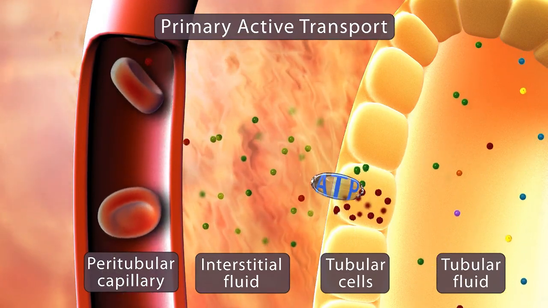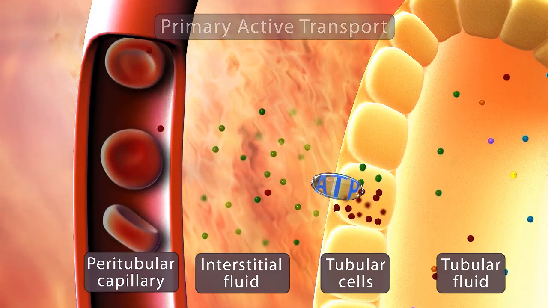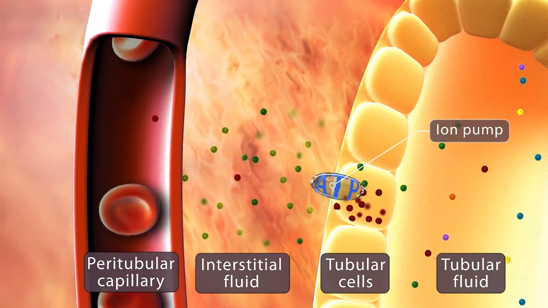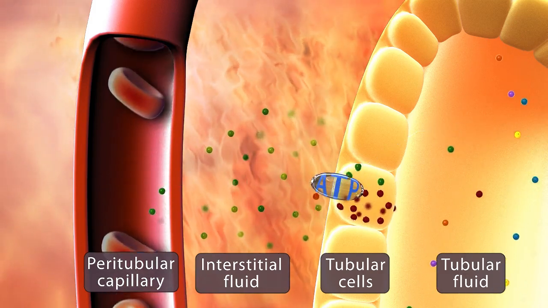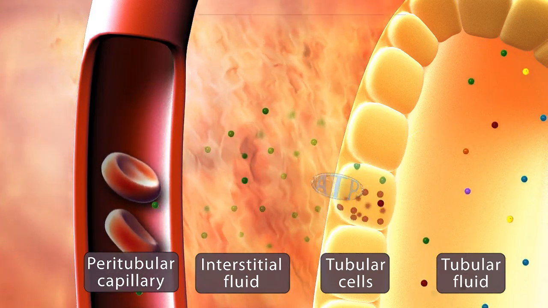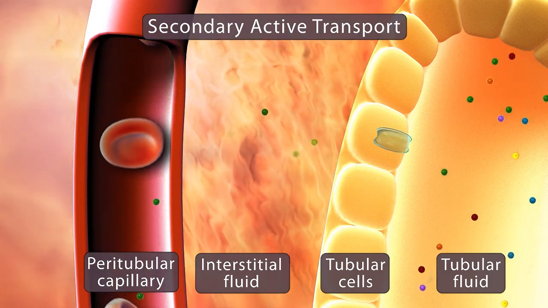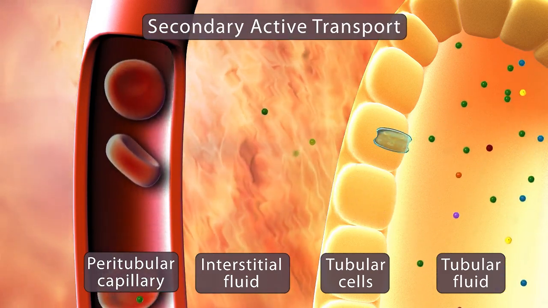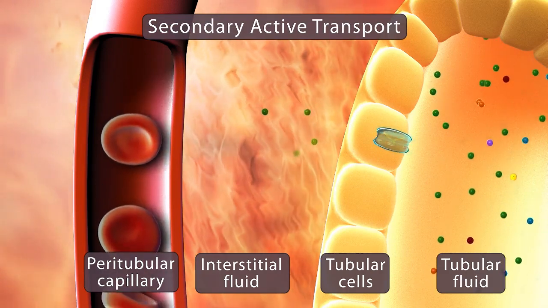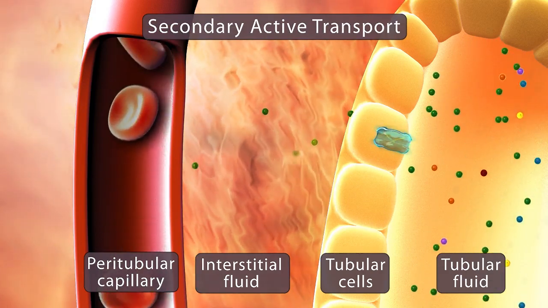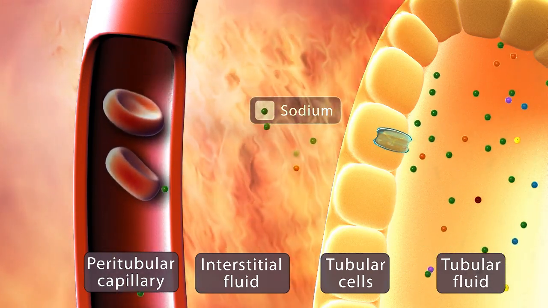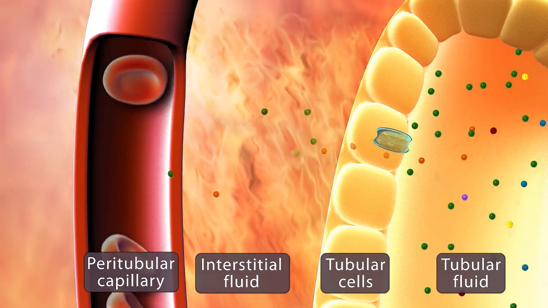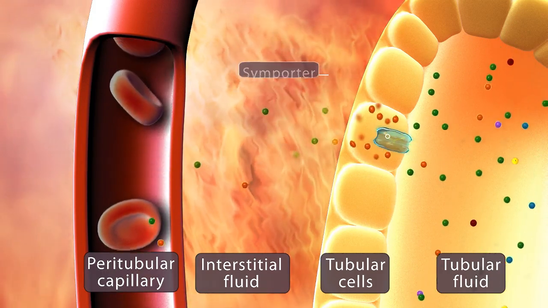Primary active transport uses energy derived from the hydrolysis of ATP to drive pumps which transport substances against their concentration gradient. Secondary active transport uses the energy stored in an ion's electrochemical gradient instead of ATP. As one substance, such as sodium ions, moves down its concentration gradient, it pushes another substance against its gradient.